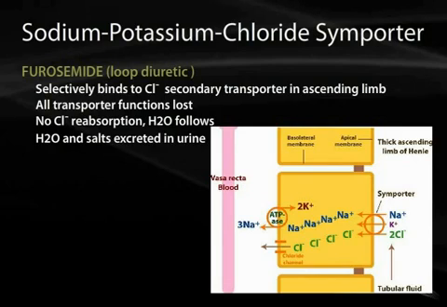In the case of sodium, we also have vectorial transport. We have sodium being pumped out of these cells and into the interstitial space, thereby depleting the intracellular concentration, which will drive the influx of sodium through the symporter on the apical membrane. Potassium will also travel through this symporter, and this is being driven by the favorable concentration gradient of sodium.